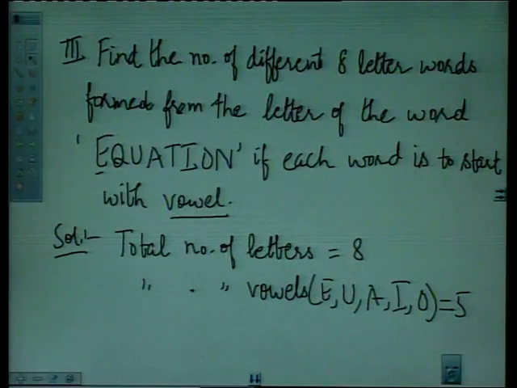Now we are to frame the words from these. The word that we are to form must start with one of these 5 vowels.